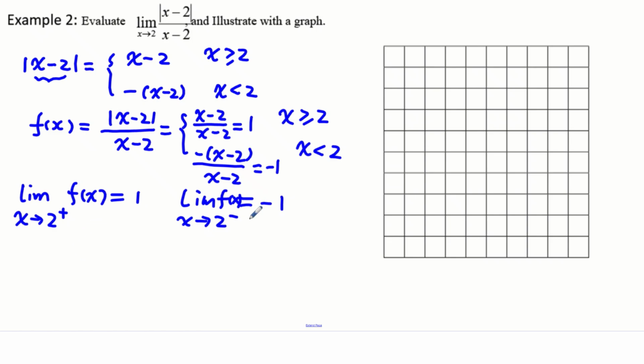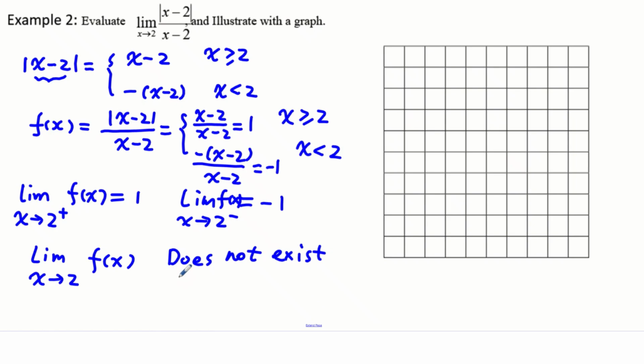And the right side and left side are not equal, so it means the limit value when x approaches 2 doesn't exist. In short, it's just DNE, does not exist.